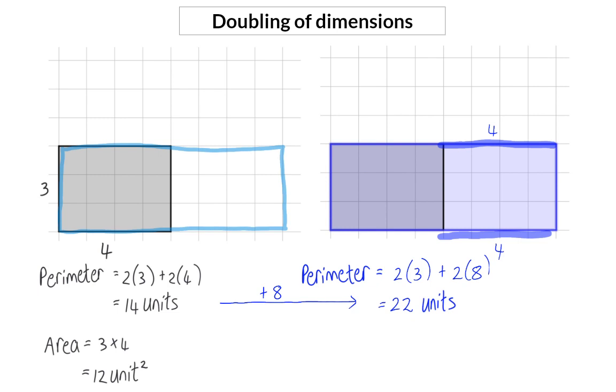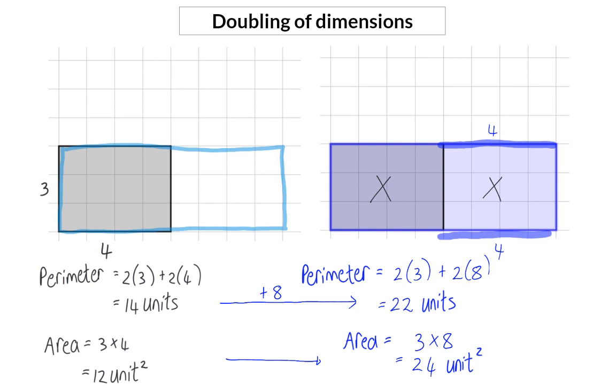If we have a look at what happened to the area of the new shape, we can already see by looking at the sketch that there are now 2 of the original rectangles fitting into the new shape. So the area should double. If we go and calculate the area, we have a rectangle that is 3 by 8, and that gives us an area of 24 units squared.